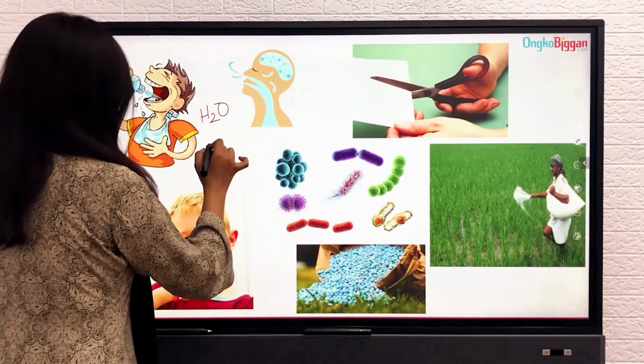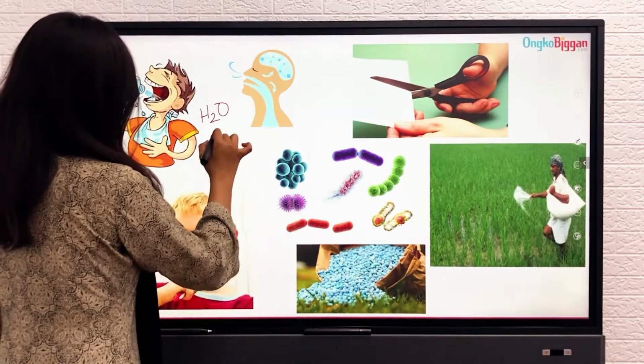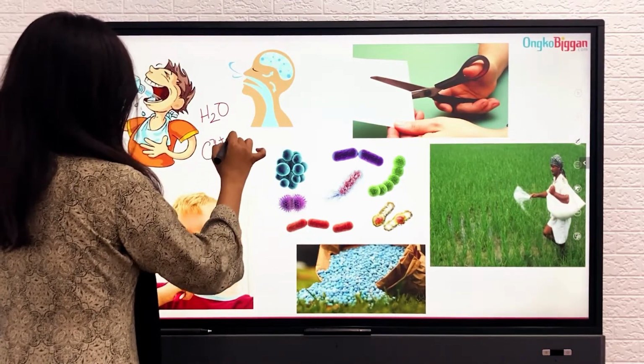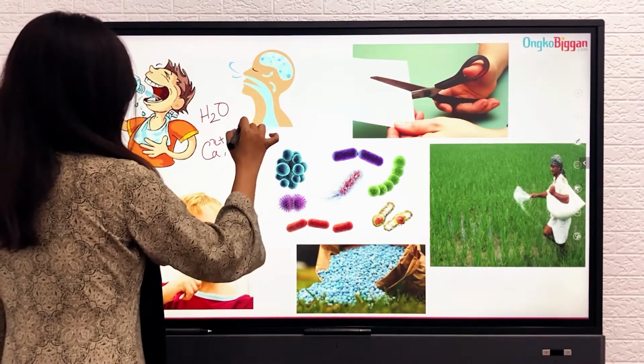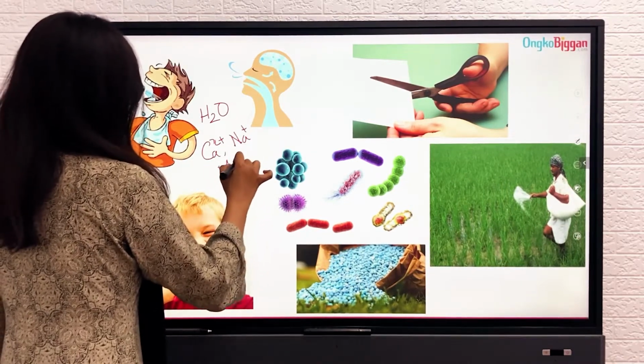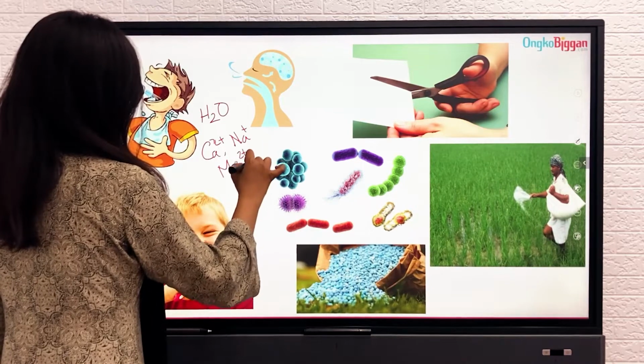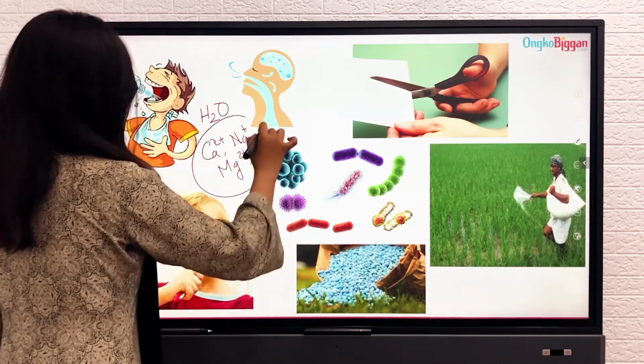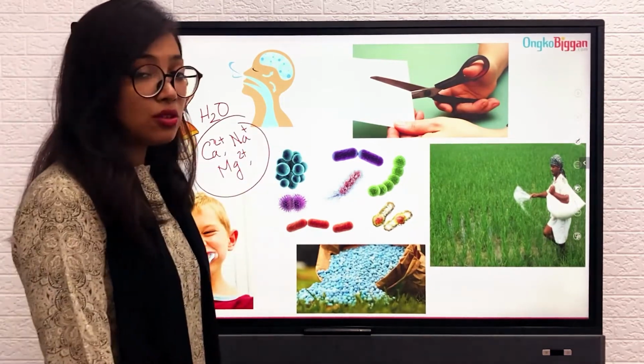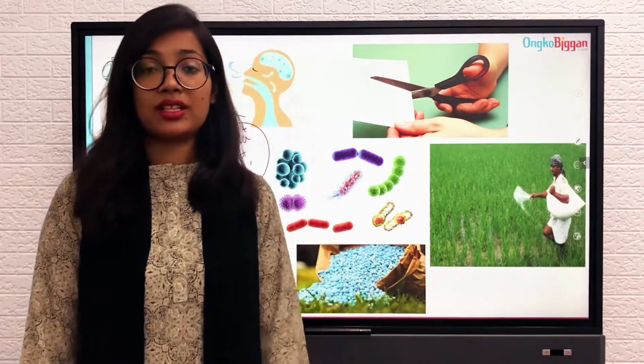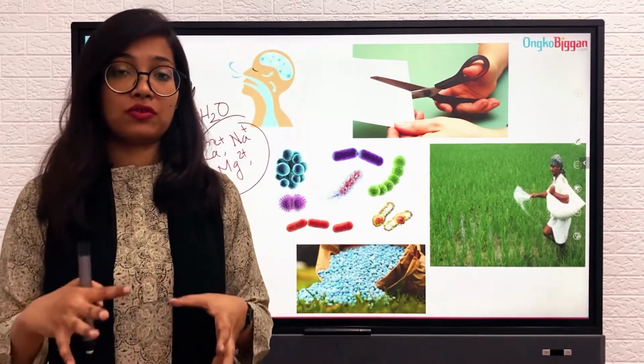For example, in the water we have calcium ions, sodium ions, magnesium ions. So we have different types of ions present in it.